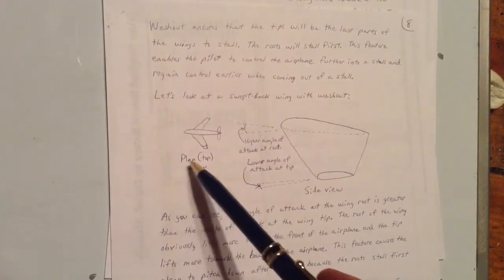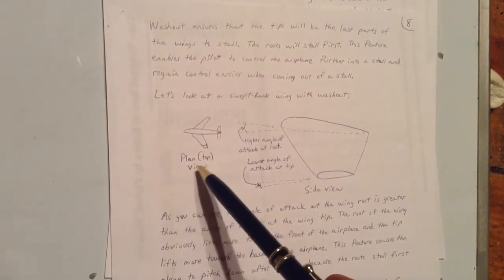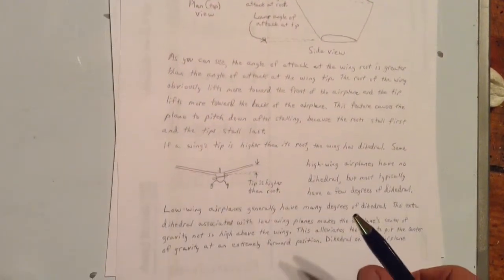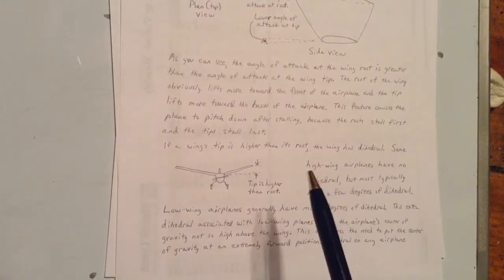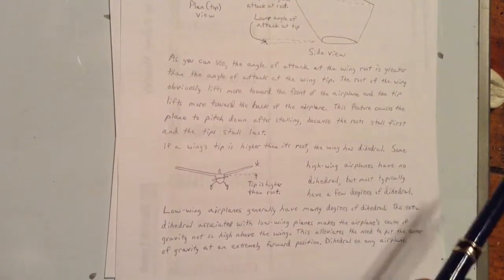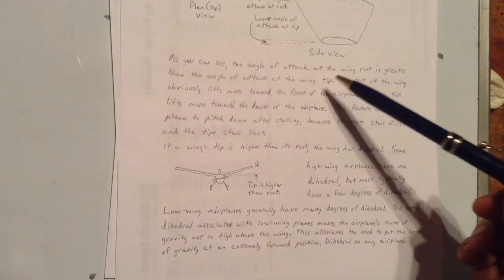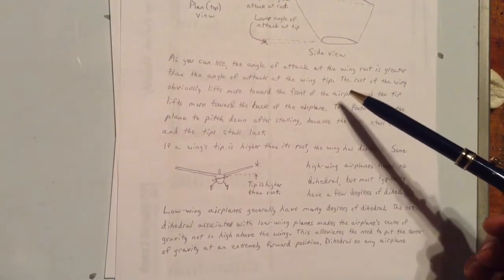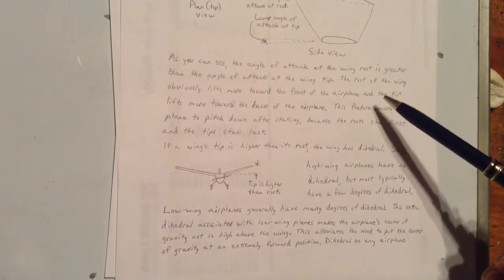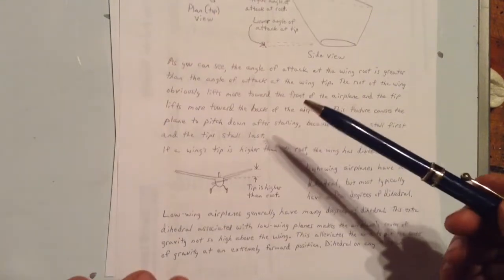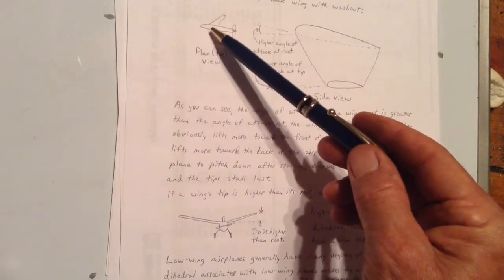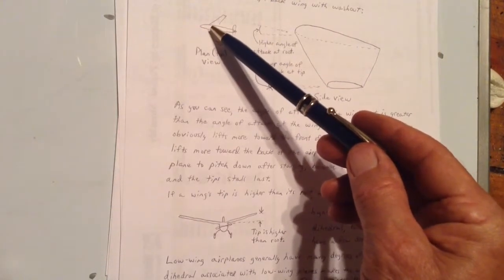This is a side view. This is a plan view, they call it. Plan means looking at it from the top. As you can see, the angle of attack at the wing root is greater than the angle of attack at the wing tip. The root of the wing obviously lifts more toward the front of the airplane, because the root of the wing is located more forward, closer to the front.